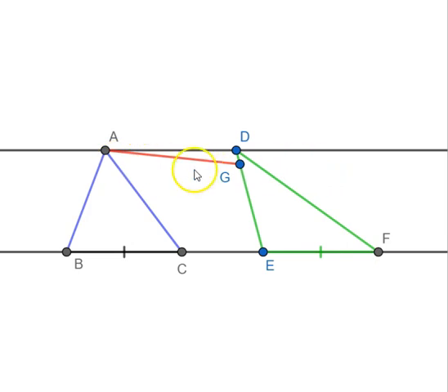So if we assume that, then what does it imply? Let's do one thing. Let's connect these 2 points G and F. Okay. So now we end up with another triangle here, GEF.